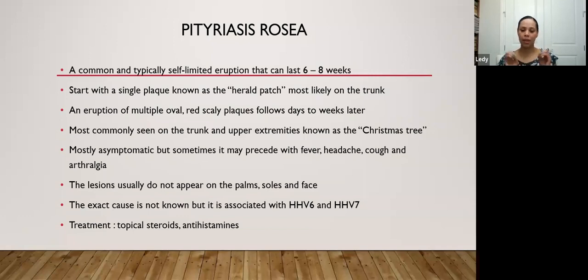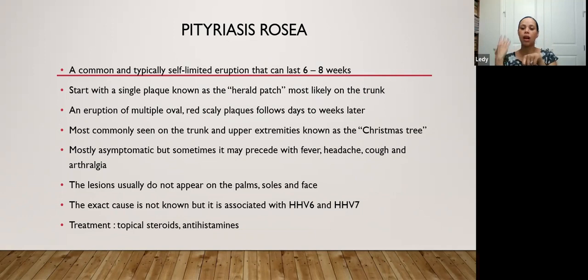And then once the rash goes away, all these little lesions could leave either hypopigmentation or hyperpigmentation, which sometimes could take even longer depending on the complexion of the skin. So when you have those little oval patches, you actually could see them and feel them.